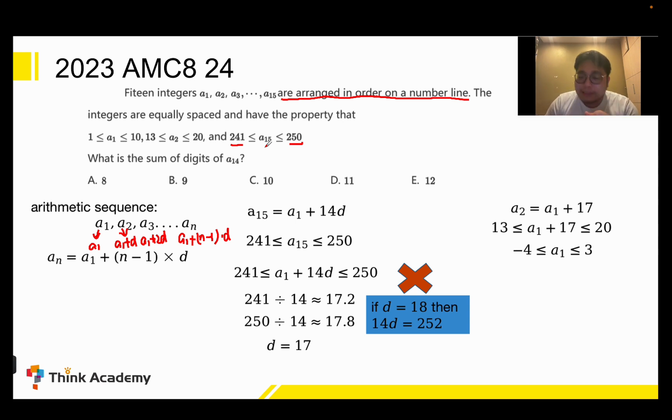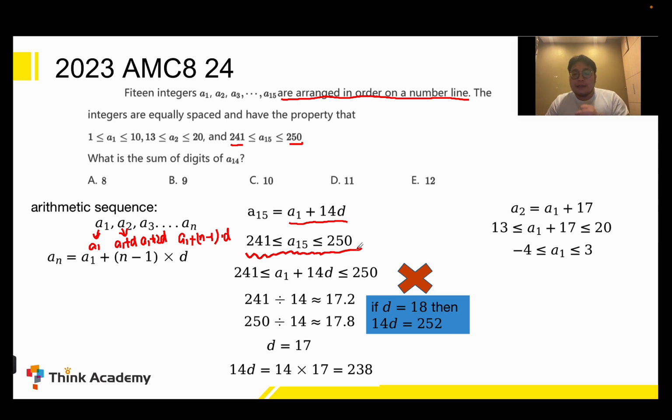Next, can we make sure what kind of number a1 is? Actually we can. Remember d equals 17. a15 equals a1 plus 14d. 14 times 17 equals 238. But we know the range of a15 is from 241 to 250.